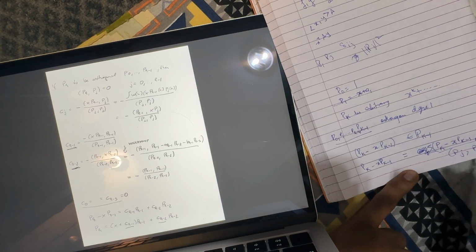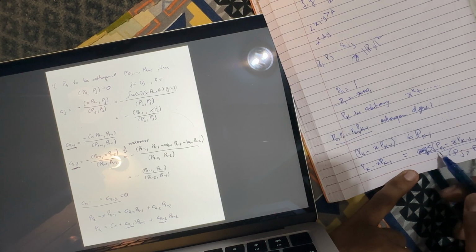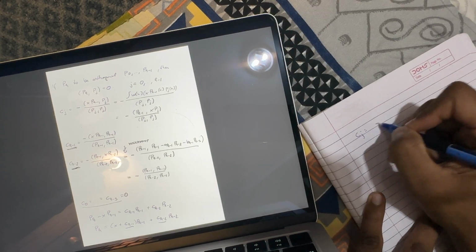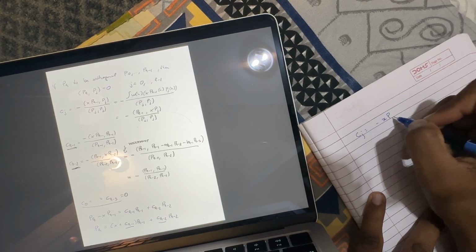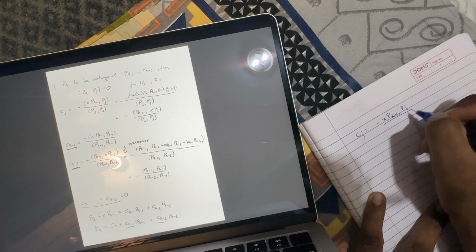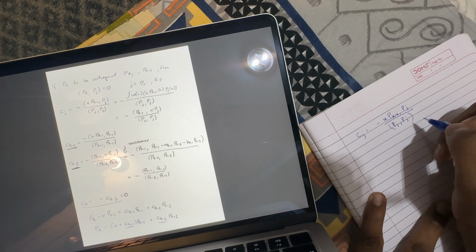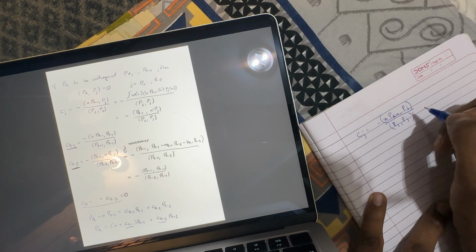Now if I want Pk to be orthogonal to all of these previous Pj's, so that Pk Pj turns out to be 0, then Cj is minus x Pk minus 1 Pj divided by Pj Pj.